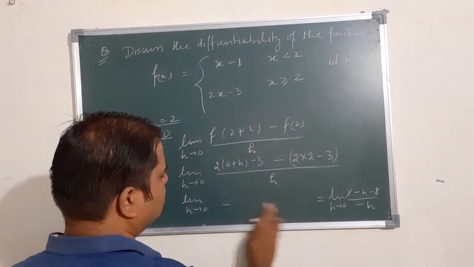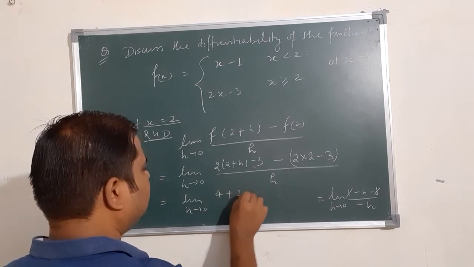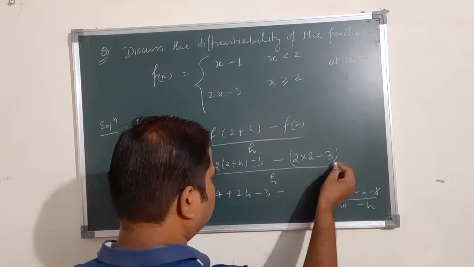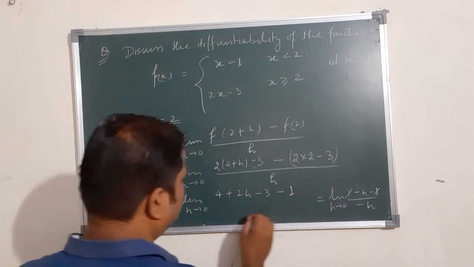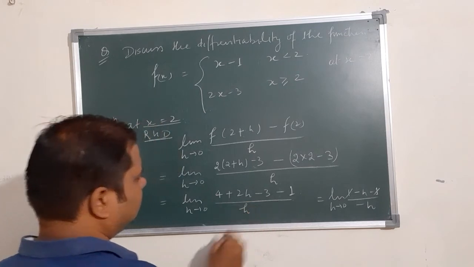So this is 2 times 4 plus 2h minus 3 minus 4 minus 3, upon h.